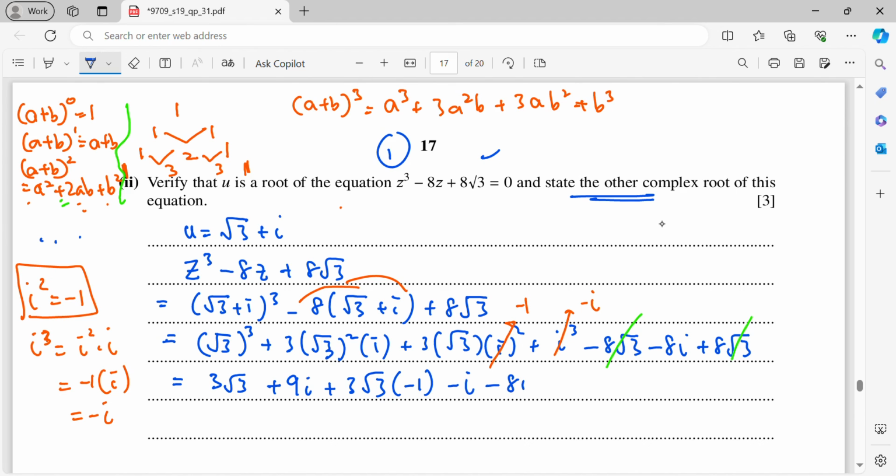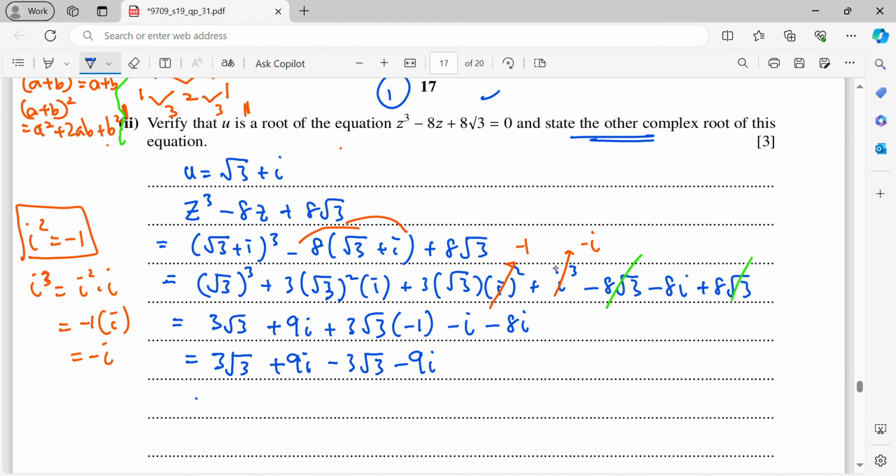And don't forget the minus 8i at the back. Then from here, I will be getting 3 square root 3 plus 9i minus 3 square root 3 minus i minus 8i minus 9i. So obviously this is 0. Therefore, u is a root of the equation.